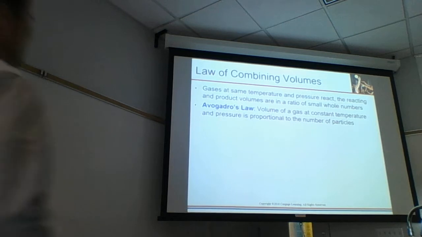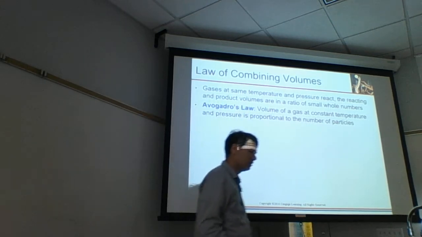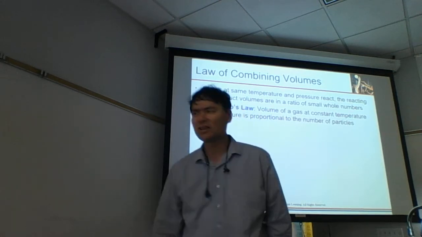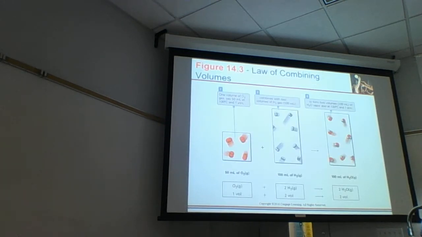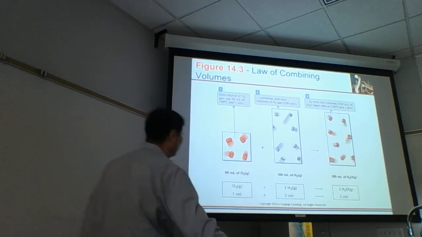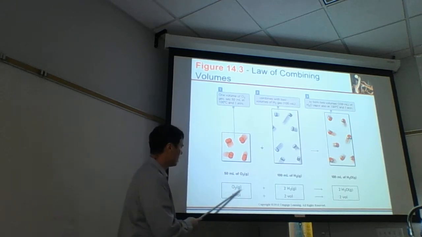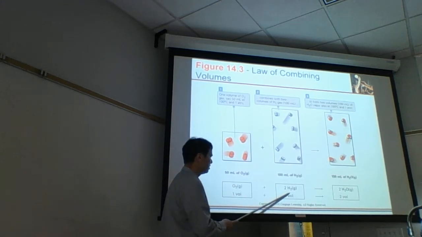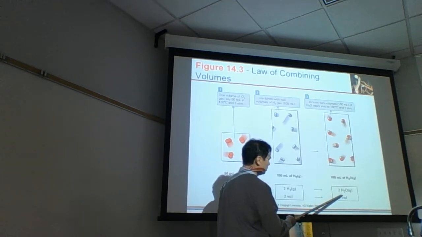So this is Avogadro's law. It's also called the law of combining volumes. The reason it's called the law of combining volumes is this. If we know the balanced chemical equation, let's say 1 mole of O2 reacts with 2 moles of hydrogen to give us 2 moles of, let's say, gaseous water.